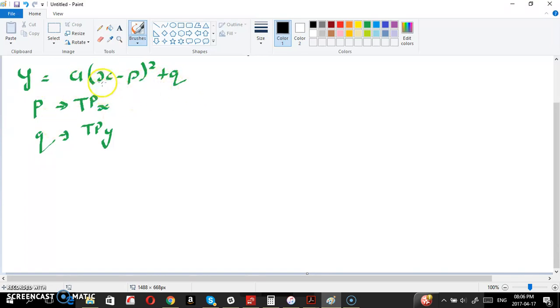Now, when you say x is equal to p, that value of p gives me the turning point of x, and q gives me the turning point of y. The value of a itself determines whether the parabola is increasing or decreasing. In other words, whether it's a happy face or a sad face.